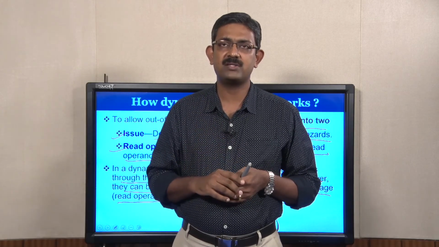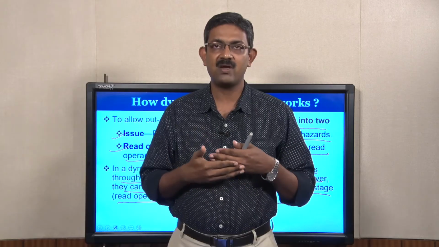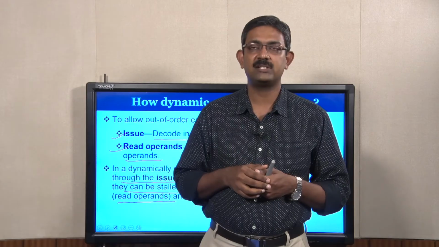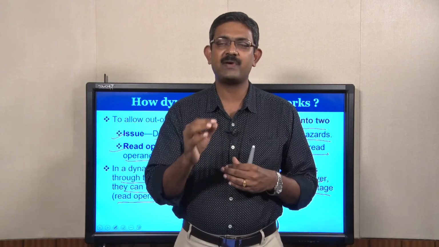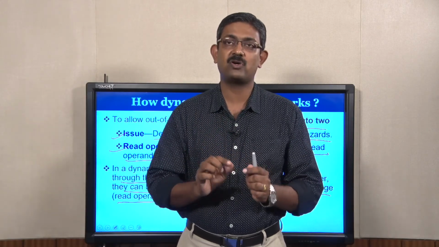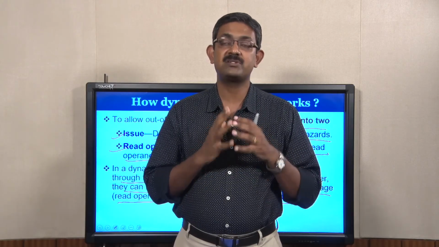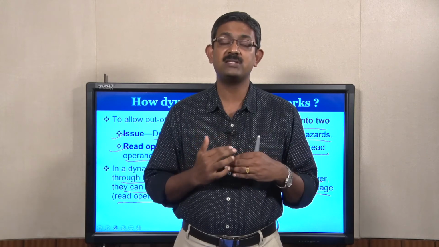If the functional unit is not available, then we are stalling. If instruction n is stalled, then all other subsequent instructions are also stalled. So, the process of assigning it to the functional unit or making an entry into the reservation station should be strictly in order, and that is what is known as in order issue.